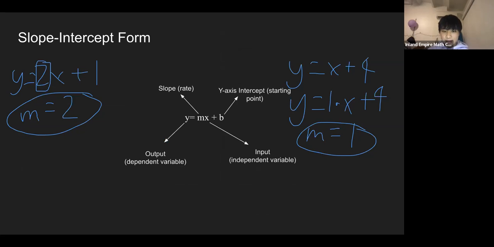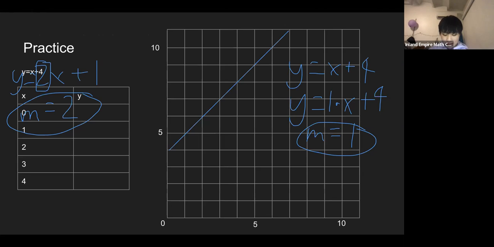And then for b, which is also known as the y-axis intercept, it just means what y equals when x is 0, right? On the graph, when x was 0, y was 4, which means this is where the line intercepts the y-axis.